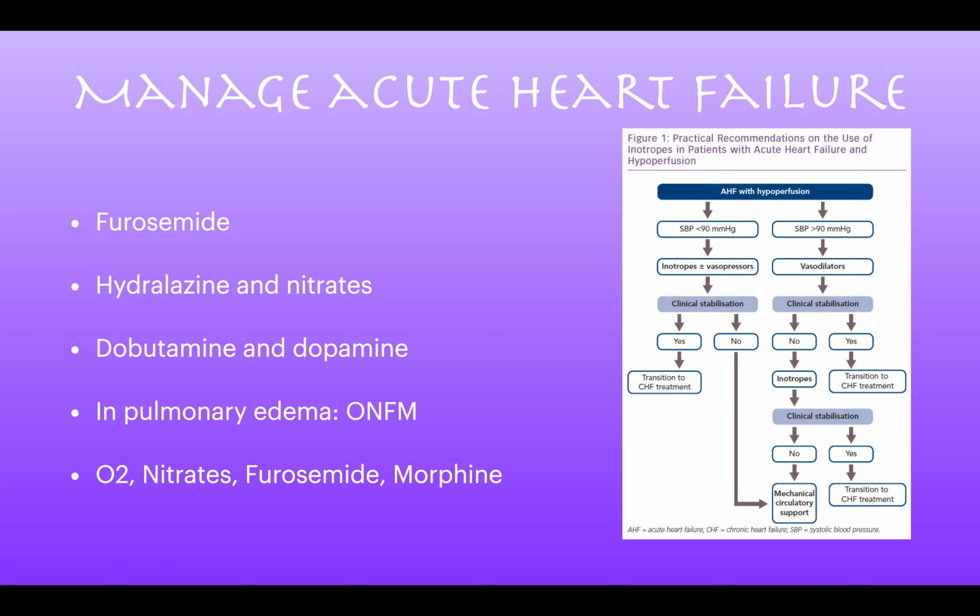You want to give that to manage the heart rate and the blood pressure. And in the pulmonary edema, you want to be careful and just give oxygen, nitrates, furosemide, and morphine. Not in that order, but these are the medications you want to give.